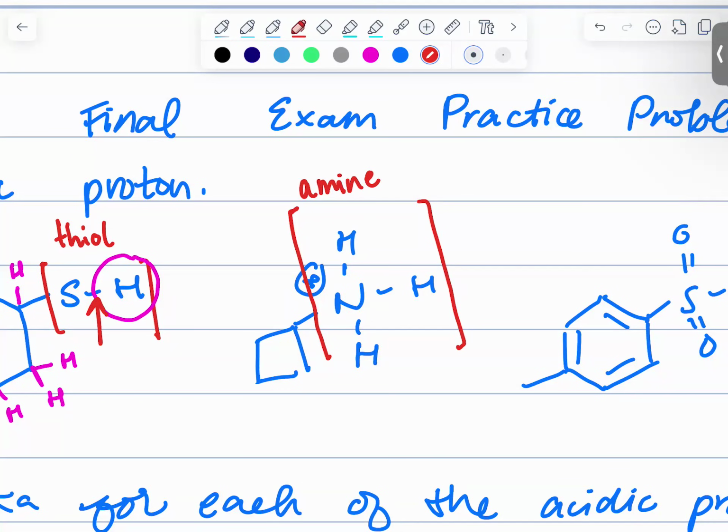Yes, a protonated amine, because we have one extra proton giving us that overall positive charge. So how many implied hydrogens are we missing in this structure? I see more than 5, 7.